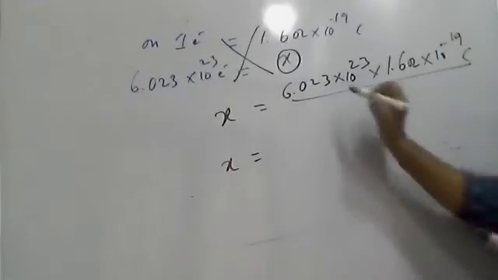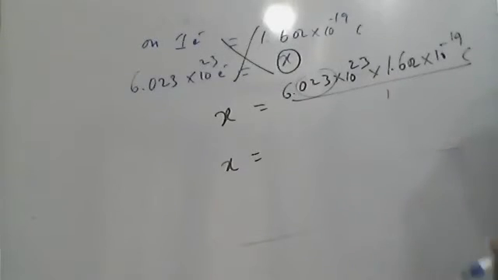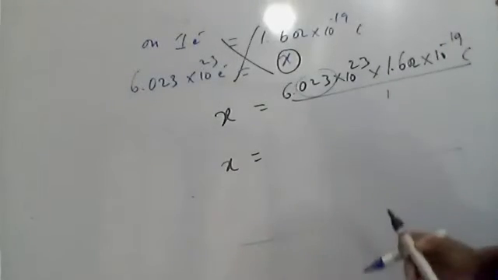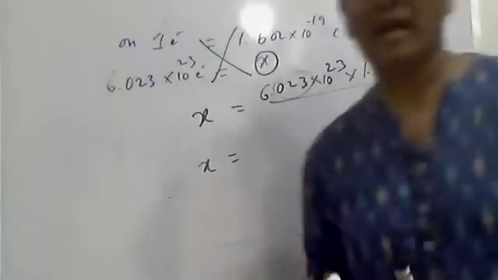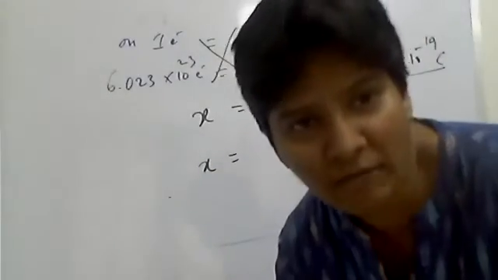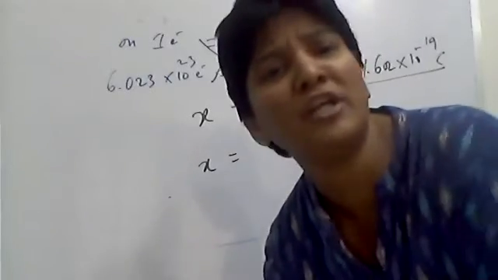Ignore this 0.23. Just see 1.6, approximately. I know the value, but how to solve it during calculations in the exam? You need not be confused.